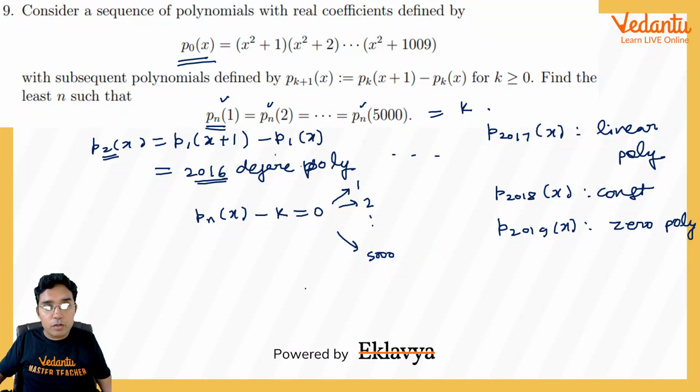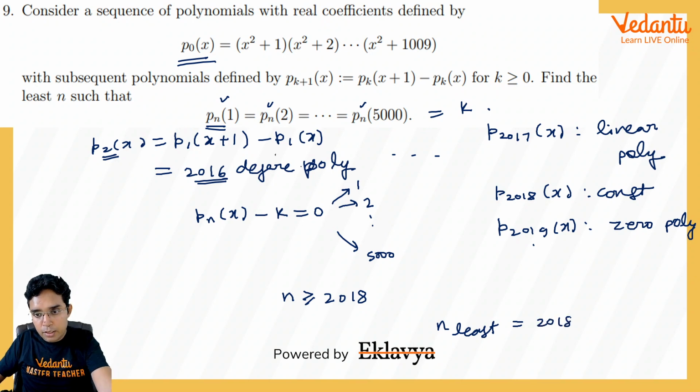And that will be possible when n is greater than or equal to 2018, because from 2018 onwards, all these polynomials are constant polynomials. In fact, from 2019 onwards, it is the zero polynomial. This will also satisfy this, but 2018 is the first number, so the least value of n is actually equal to 2018. So this is the answer of this question.